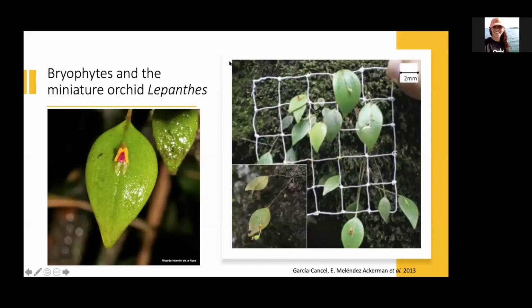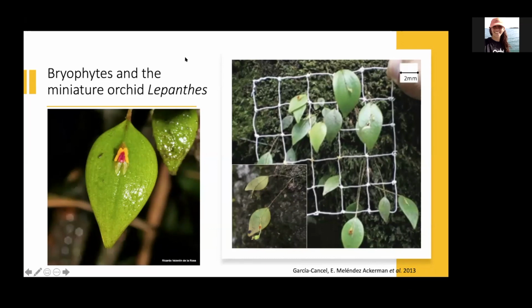Okay, next slide. Then another of the studies that I was involved in is looking at this miniature orchid, Lepanthes. This one occurs in Puerto Rico in different forests. What is interesting about them is that they grow on a mat of bryophytes. So if you look at the base of where the grid is, that little grid, those are bryophytes.